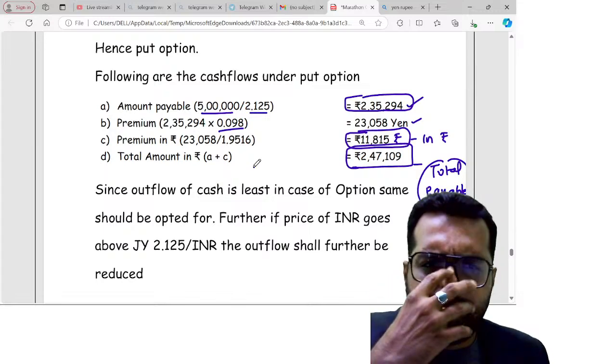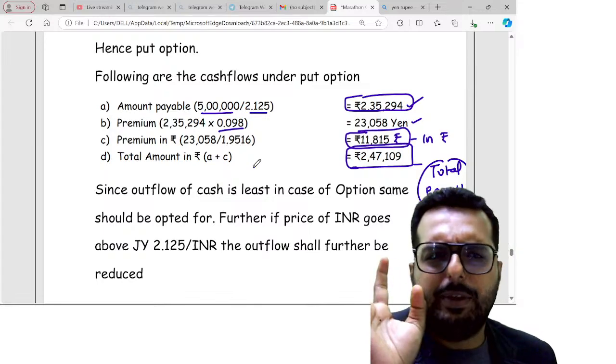George, even two decimals is enough. Ultimately, your decision should be correct. That's all.